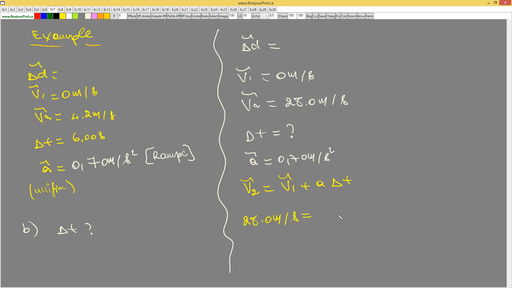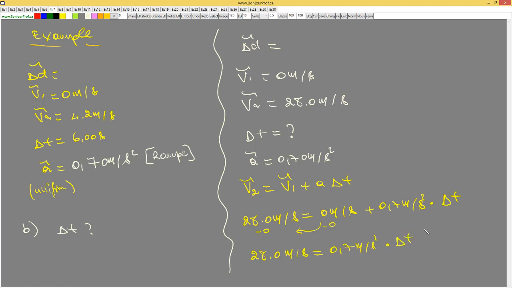V1, we know it, 0 meter per second, plus the A, 0.7 meter per second square, times delta T. And we have to solve. I'm going to bring this one to the other side: minus 0. It will be 28.0 meter per second equals 0.7 meter per second square times delta t.